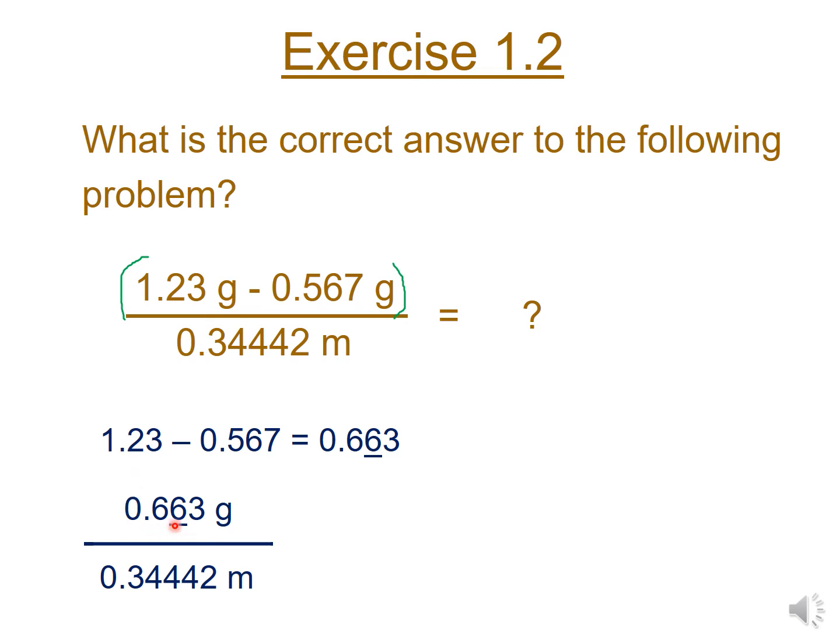Remember that it is good only to the second decimal, and the denominator has 5. Therefore, the quotient or result should have only 2 significant figures. And so when we actually perform the division, we get a number such as 1.924, which we then round off to the second significant figure, and so we have 1.9. And if we pay attention to units, it's going to be 1.9 grams per meter.